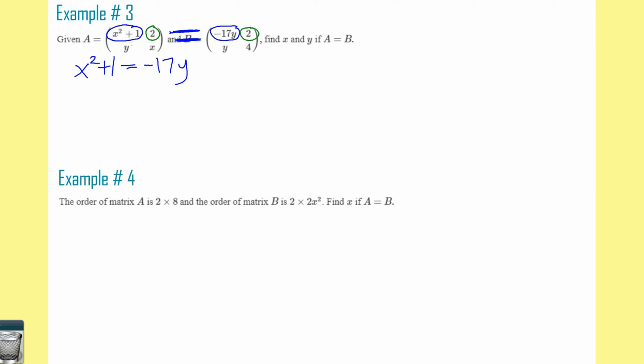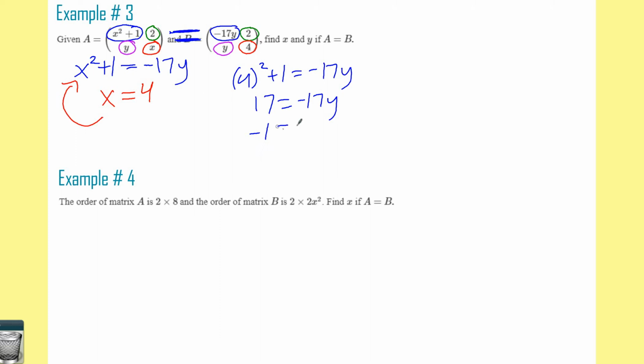That's kind of a given. Then here we have y equals y. That's not really helpful. But then we have x equals 4. That one is helpful. So now knowing x, we can plug that into our other equation. So for x, we get 4 squared plus 1 equals negative 17y. So that's just 17 equals negative 17y, so y is negative 1. So now we have x equals 4 and y equals negative 1.